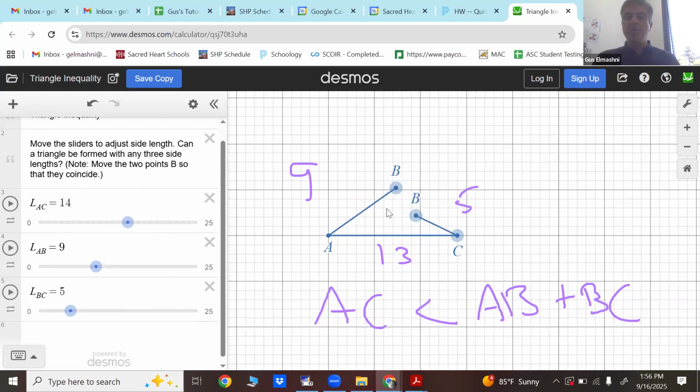So very, very important. This longest side has to be less than the sum of the other two sides. Very, very important. For example, I could make that too big. Maybe I'd make that like say 19, so I still have a problem. They're still not going to touch.